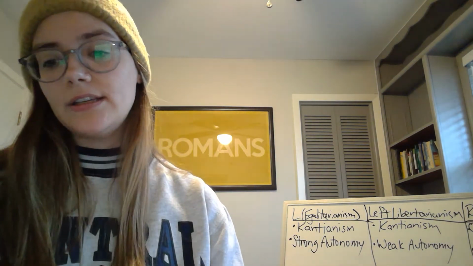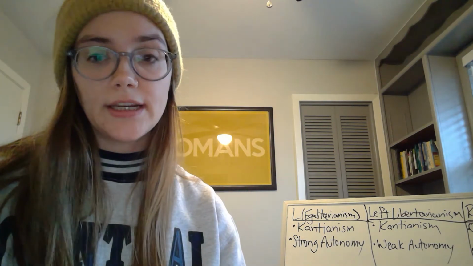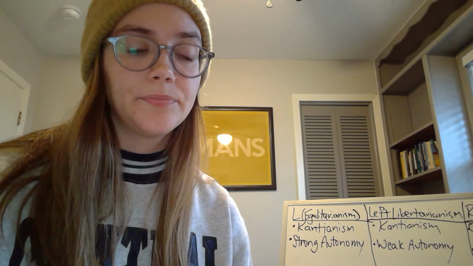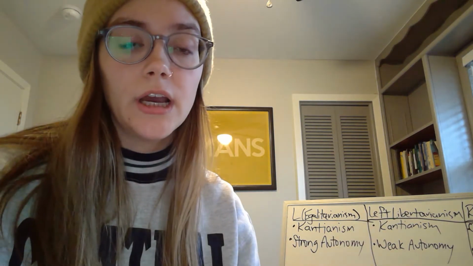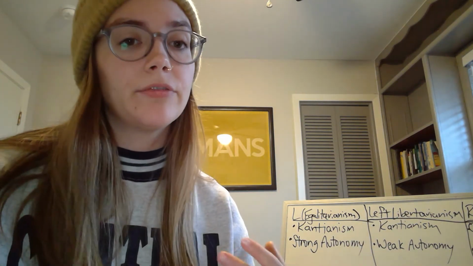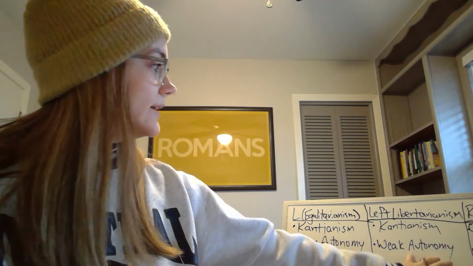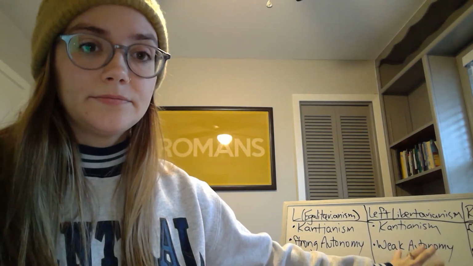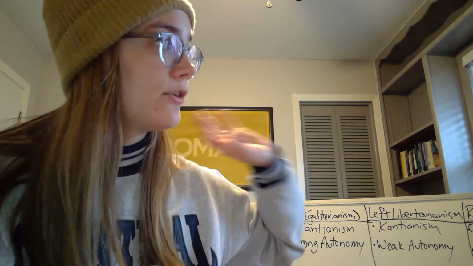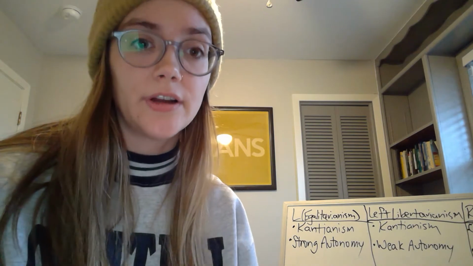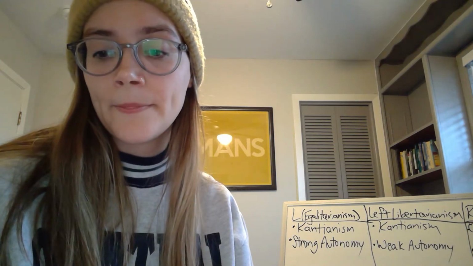Weak autonomy is basically that nobody's getting in your way provided you're not taking autonomy from others. So nobody's going to bother you unless you start to take autonomy away from others, and then that's a problem. So that is left libertarianism. You can have all the autonomy you want as long as you're not taking it away from other people.